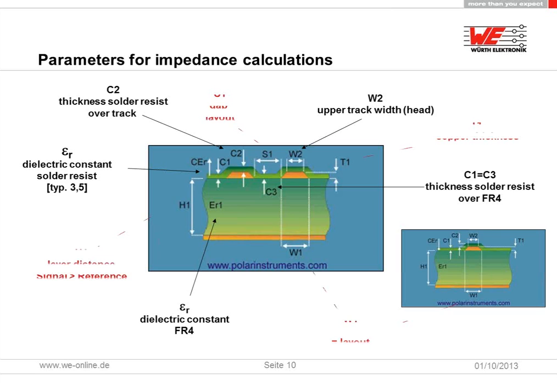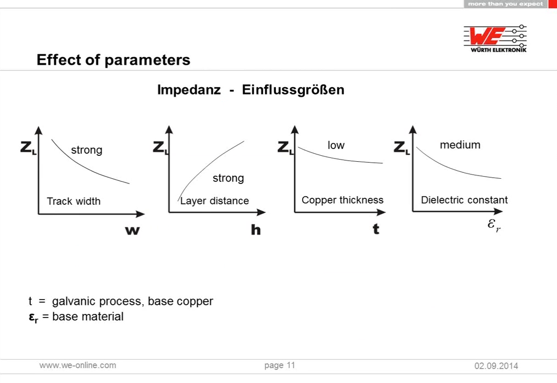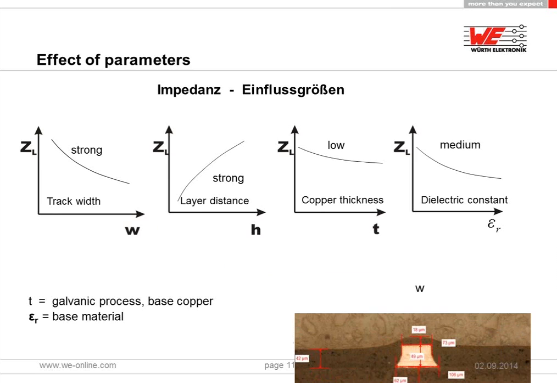Now, what about the effects of these parameters? We can see that especially the track width and the layer distance have a really strong impact or effect on the impedance values. The copper thickness and the dielectric constant are not with a high effect, but with a low or medium effect.